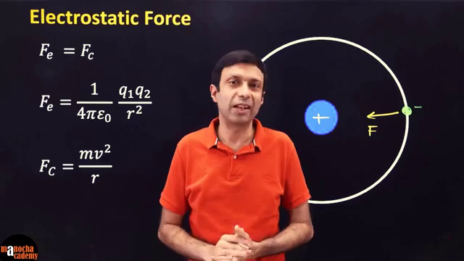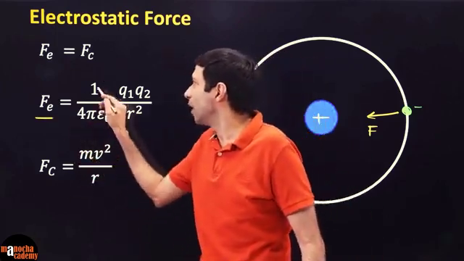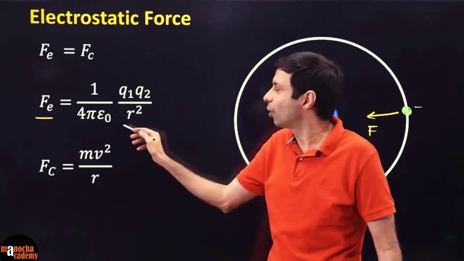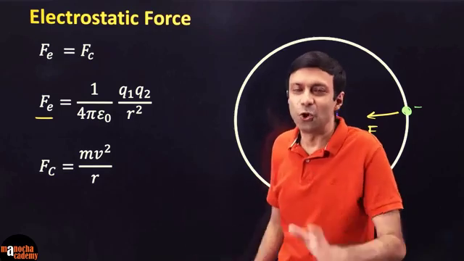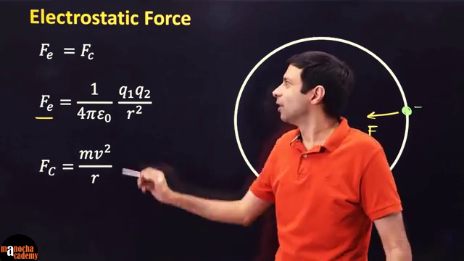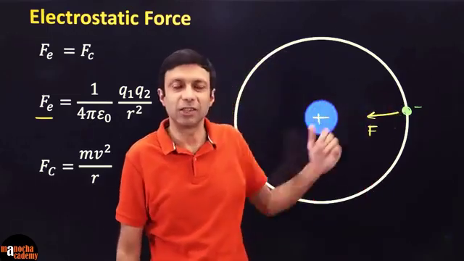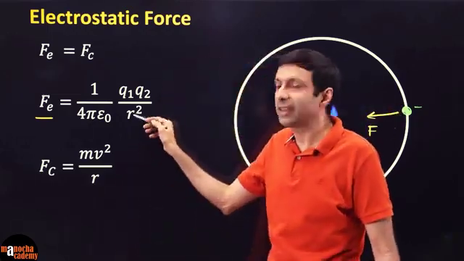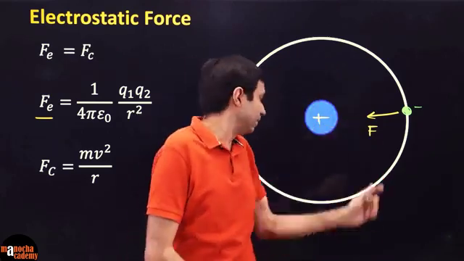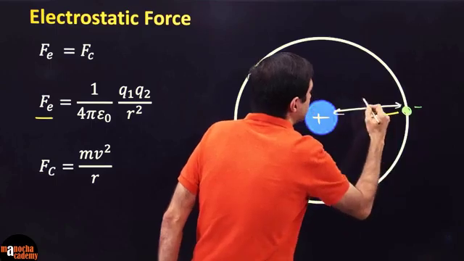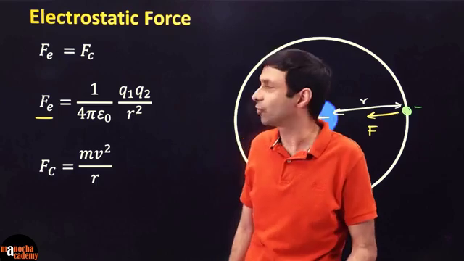Now, what is the formula of the electrostatic force? From physics, we know electrostatic force is 1 by 4 pi epsilon naught Q1 Q2 by R square. So lots of symbols over there. Don't be scared. I'll explain what they mean. Q1, Q2 are the charges. So here it's going to be the charge of the nucleus and the charge of the electron. R is the radius, the distance between the two charges. So this will be your R, the radius of the orbit, or you can say the distance between the nucleus and the electron.